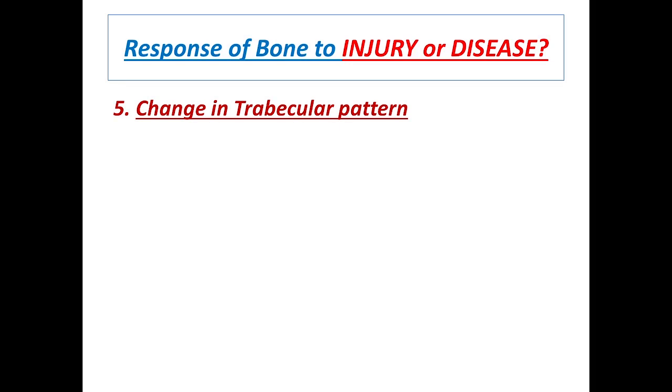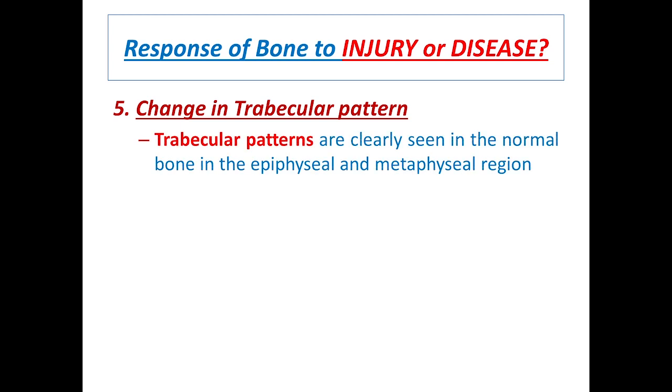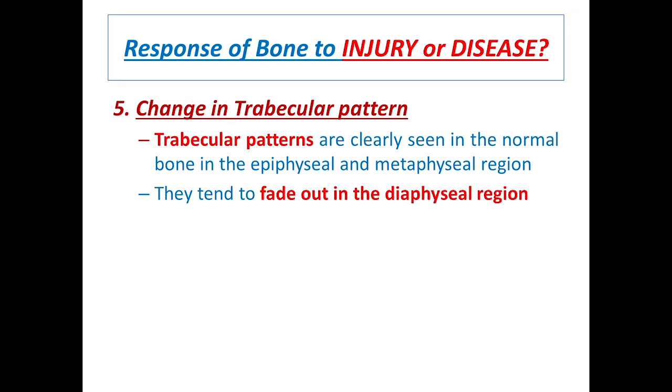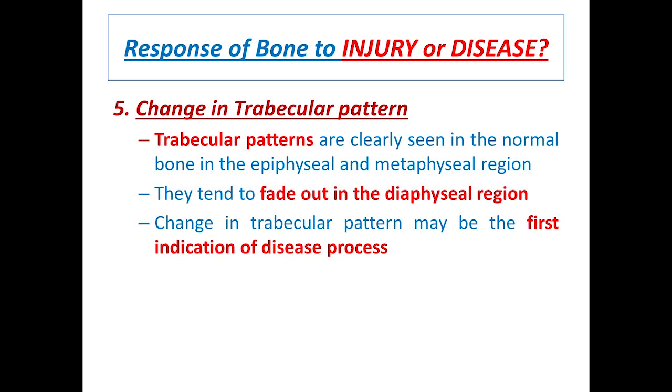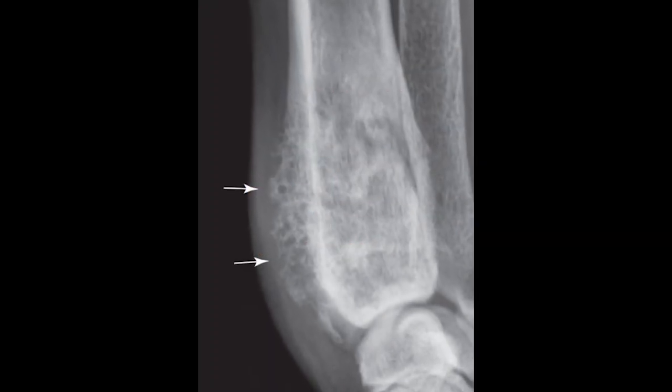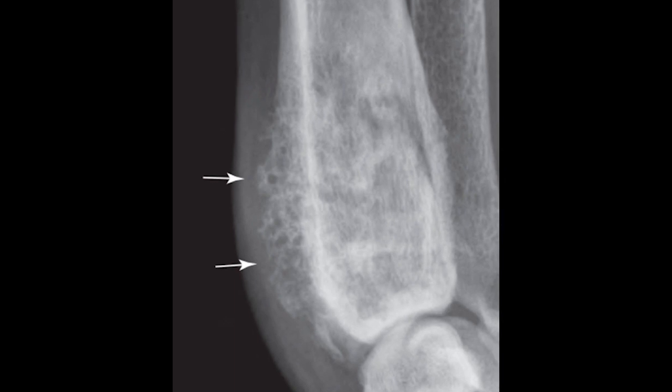These are mostly found at the epiphysis and metaphysis of the long bones and vertebral bodies, but they fade out at the diaphysis. It is very important to know that whenever there is some indication of disease, there will be a change in the trabecular pattern. Here you can clearly see a change in the trabecular pattern of a bone radiographically.